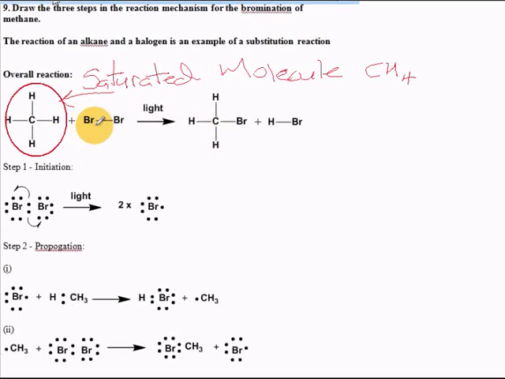Okay, so then we have to start discussing where the energy comes from that takes a stable bromine molecule and causes the bonds to break. And this is where the light plays its part.